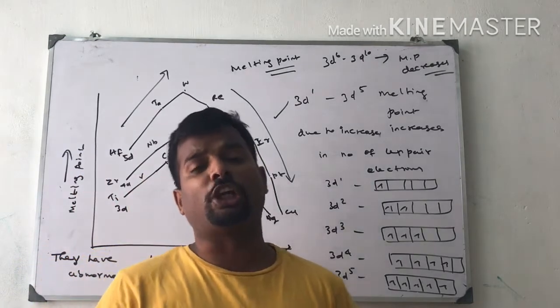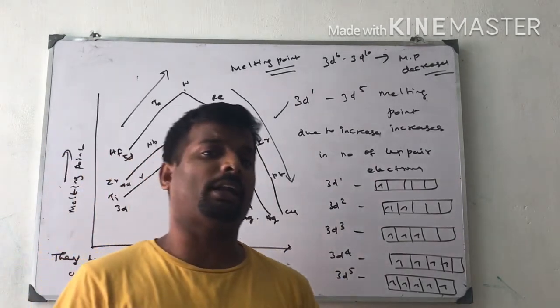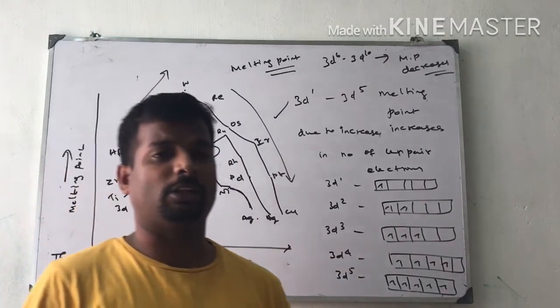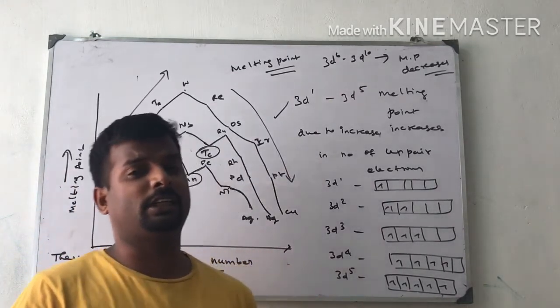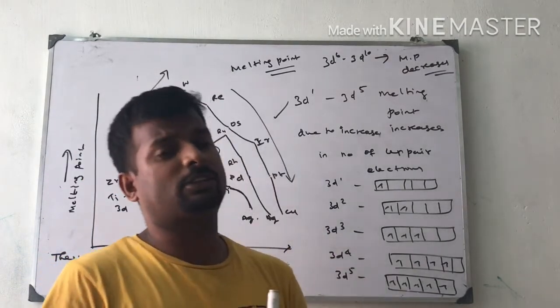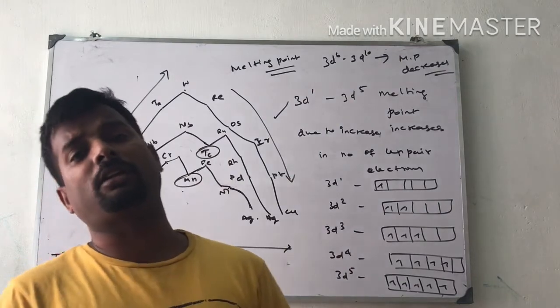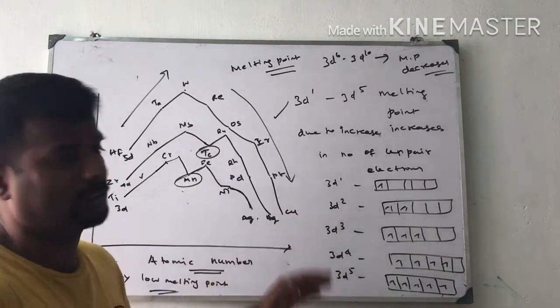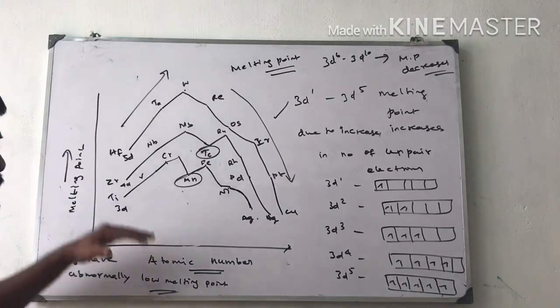After 3d6 to 3d10, the strong attraction decreases because pairing starts. If electrons start pairing, they will not be involved in metallic bonding. Therefore, the melting point decreases. That is what is explained in this graph.